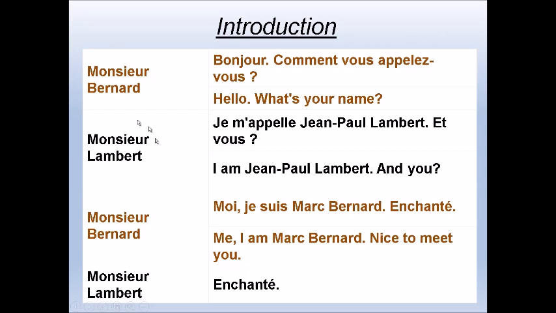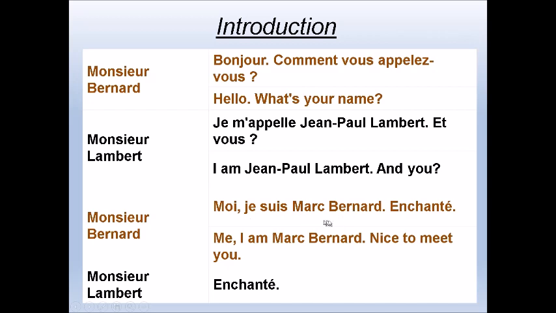Here is one way to do your introduction, and a very simple one. Now, this is a conversation between Monsieur Bernard and Monsieur Lambert. So Monsieur Bernard says, Bonjour, comment vous appelez-vous? Hello, what's your name? Monsieur Lambert answers, il répond. Je m'appelle Jean-Paul Lambert, et vous?